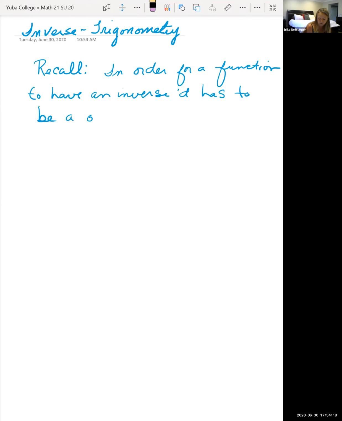One-to-one function, recall, had to pass the horizontal line test. In order to be a function, the graph had to pass the vertical line test. Wherever you drew a vertical line, it could only intersect once. To be a one-to-one function, it also has to pass the horizontal line test. So wherever you draw a horizontal line, it can only pass that function once, anywhere on the graph.